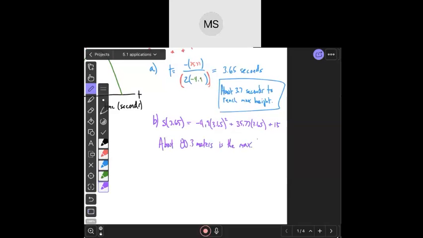But since I did round it, I am going to use a word that indicates that. So I said about 80.3, or around 80.3, or approximately 80.3. It is important that you indicate if you are doing that. I'm talking more like if you're writing this out by hand, but the computer will take care of that stuff for you.